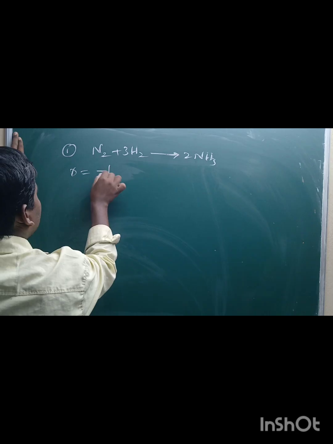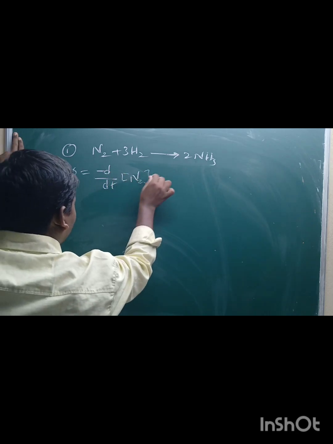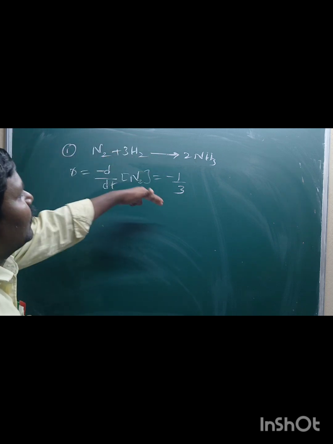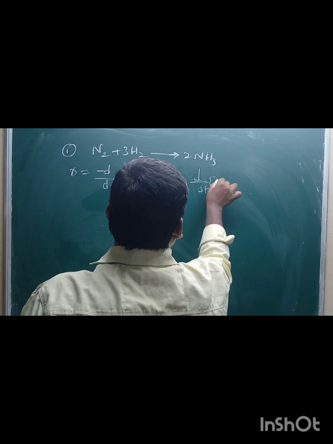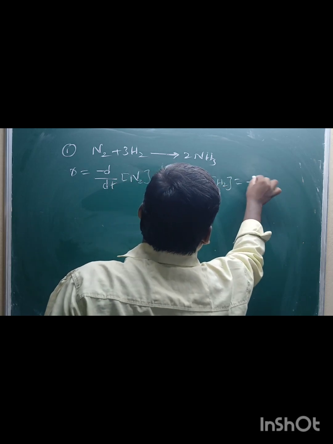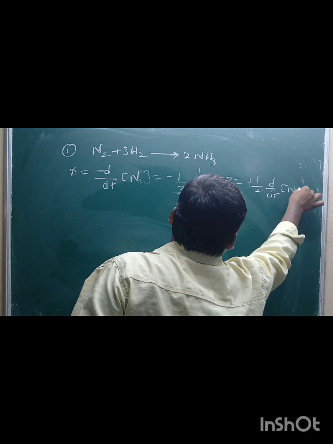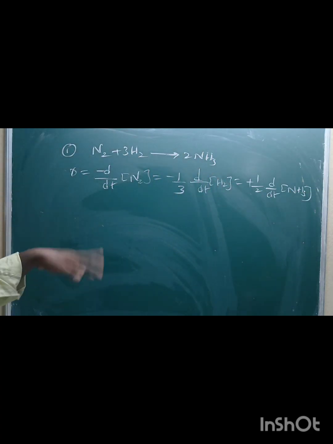Decrease in the concentration, minus d by dt of concentration of N2 is equal to minus 1 by 3 d by dt of concentration of H2, is equal to plus 1 by 2 d by dt of concentration of NH3. These coefficients are written under the 1 by.